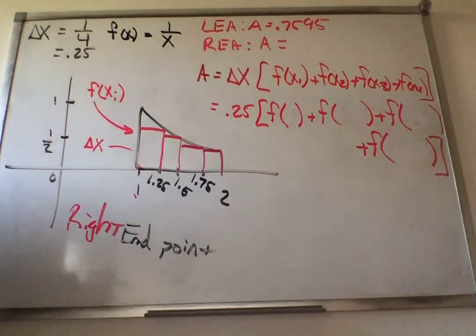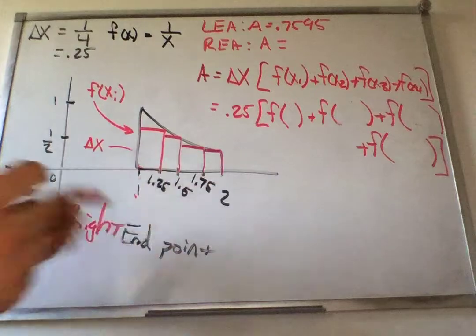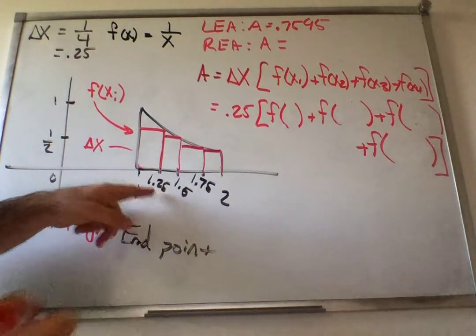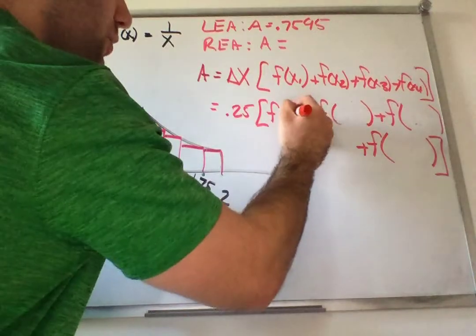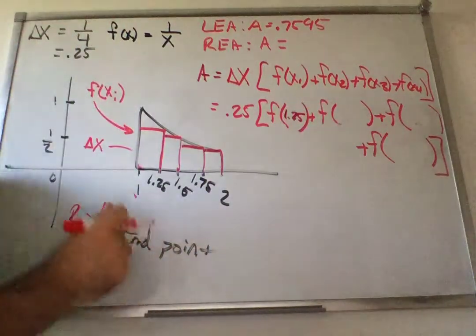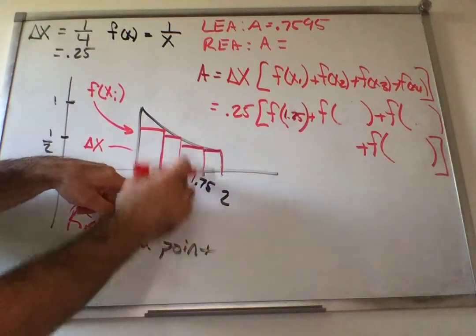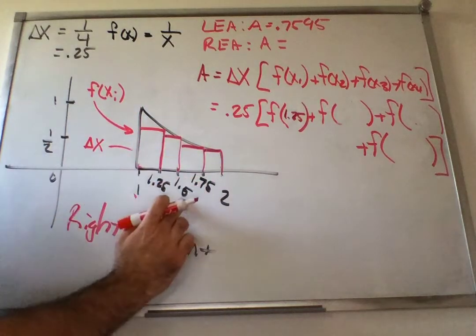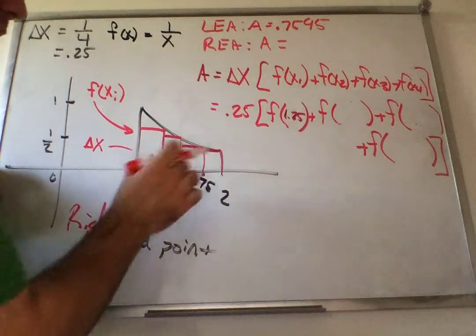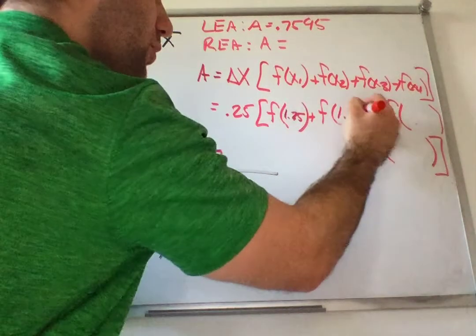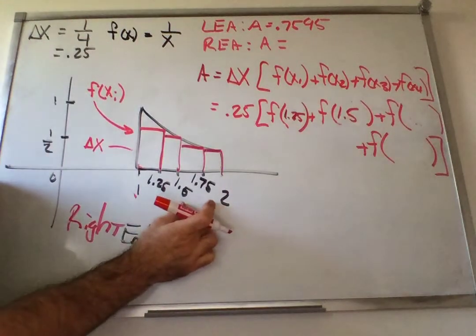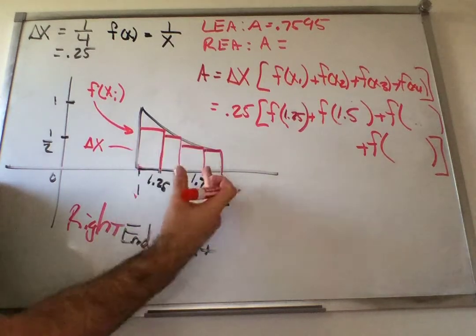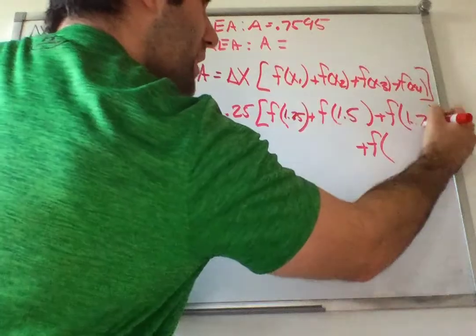Okay. So for the first rectangle, this height right here is the function value at 1.25. So 1.25 is going to go there. Then over in this rectangle, the height is 1.5. Use the right endpoint for the height of this rectangle, 1.5. And then for this third rectangle, you use the right endpoint, so 1.75.